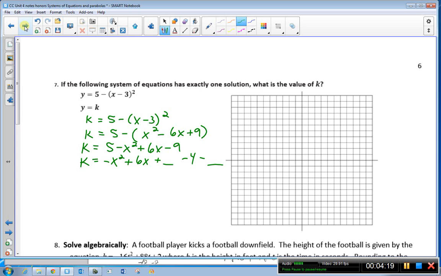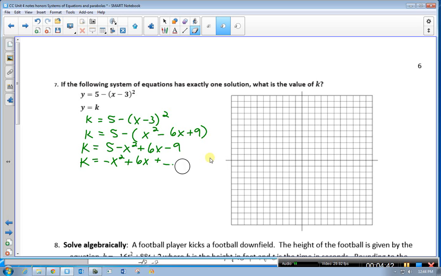It's going to be an upside down parabola, so I need to graph that. So let's see. Okay, this actually I think is going to be a harder way to do this, so let's backtrack here. Let's not do the completing the square because of that negative x squared.